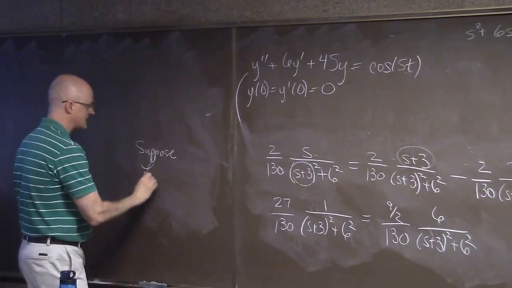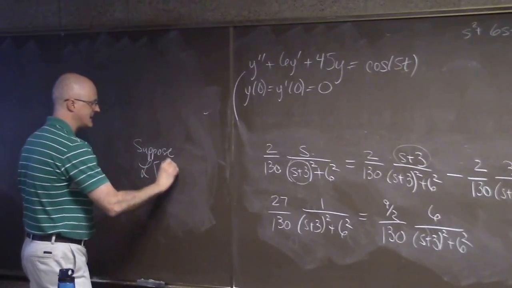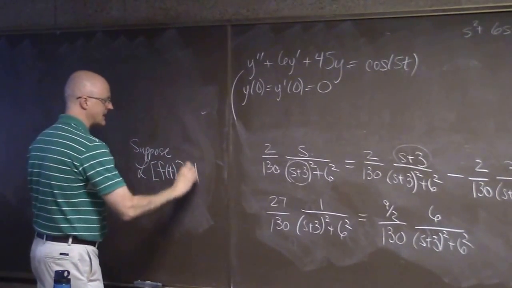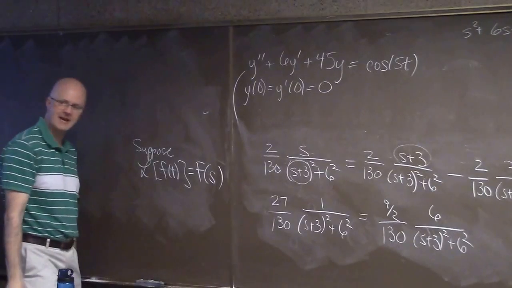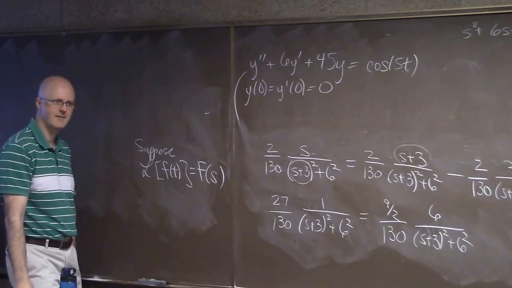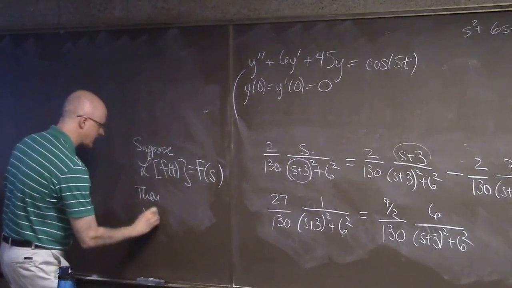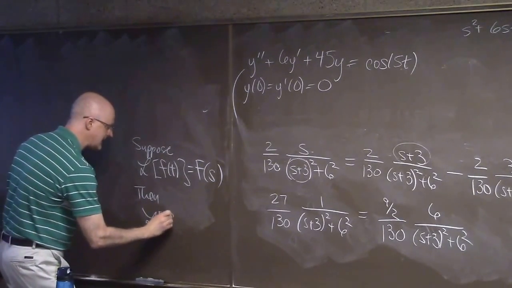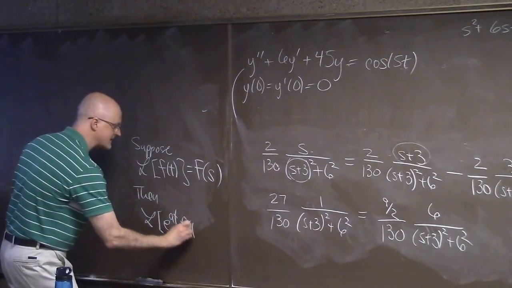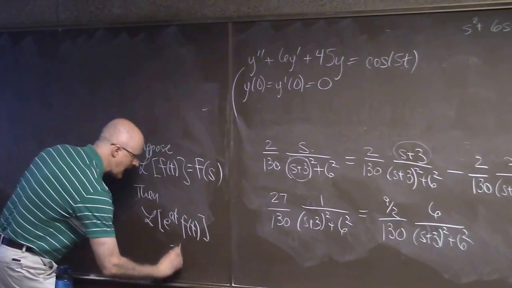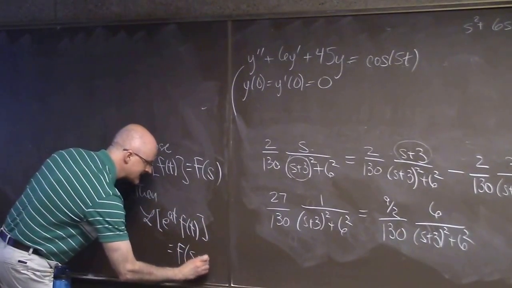Suppose the Laplace transform of some function little f of t equals some function of s, call it capital F of s. Then it turns out that the Laplace transform of e to the at times f of t is capital F of s minus a.